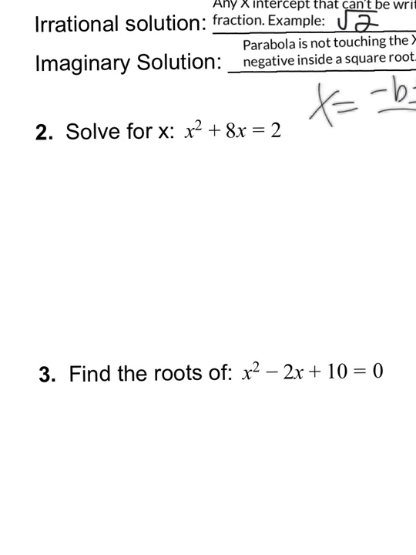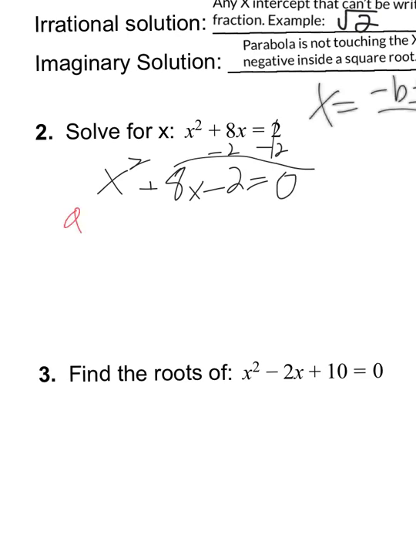You need to have everything on one side, so I have x squared plus 8x minus 2 equals 0, nothing combines. And so I have an a of 1, b is 8, and c is negative 2.